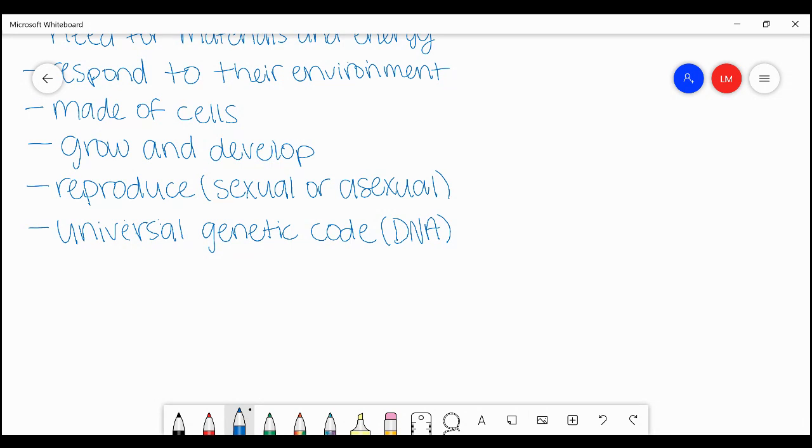Living things are also able to maintain internal balance. Our fancy science word for this is called homeostasis.